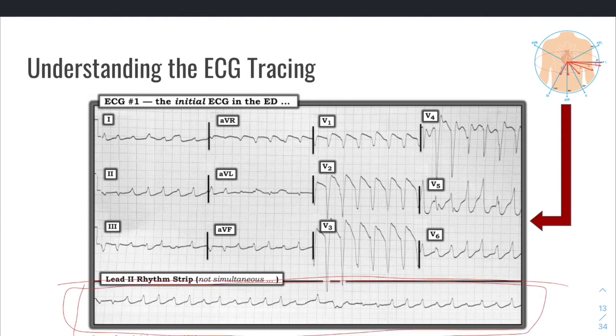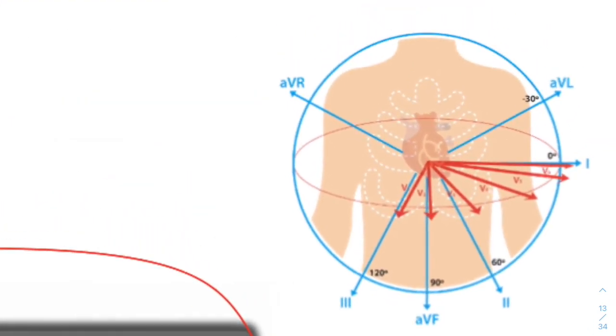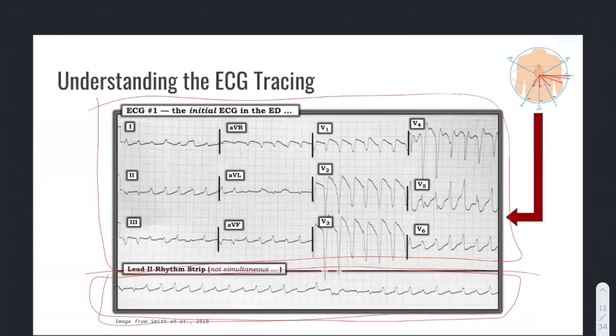which is usually a continuous run of your lead 2 of your ECG. And then on the top, in this section, you have your chest and your limb leads, which correspond to this visual we have of what part of the heart certain leads are pointing at.